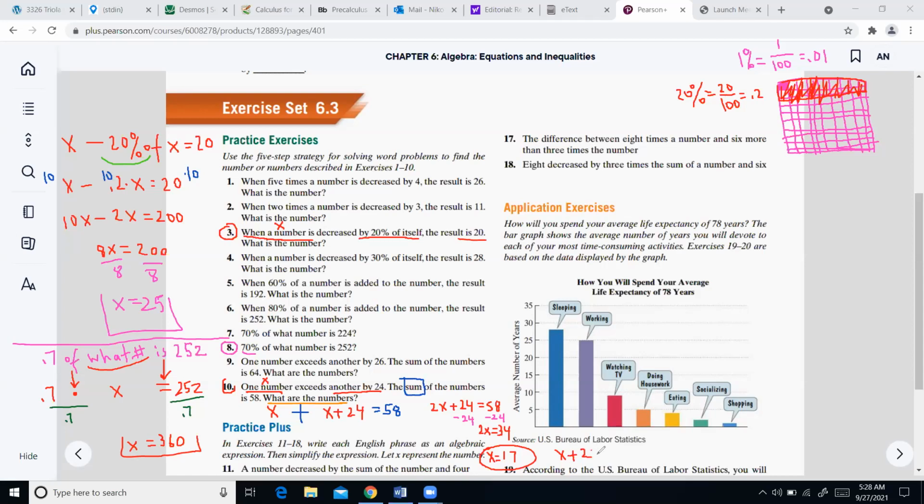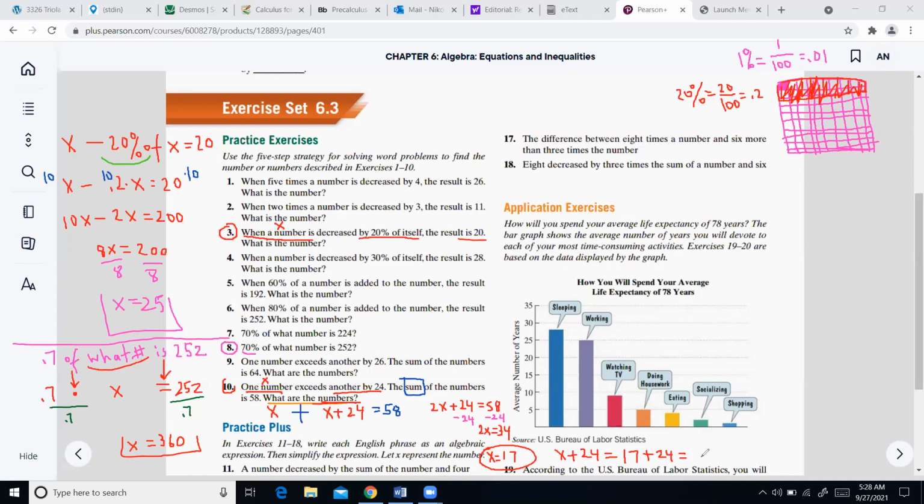So actually I need to find the second number, which is 24 larger. You see, they want both numbers. So I found one, but I didn't find the other yet. Well, it's not very hard to do, just make sure that you answer the question of the exercise.